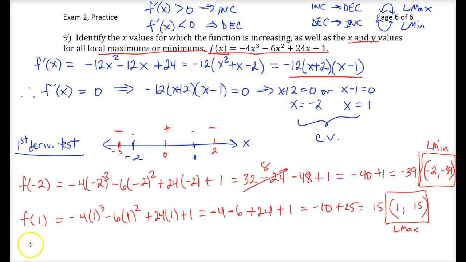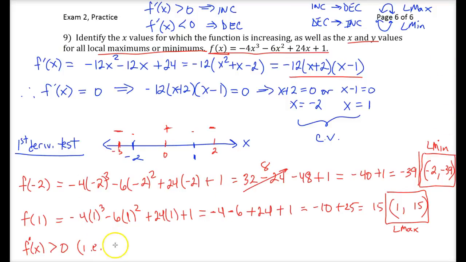So we can say f prime of x is greater than 0.